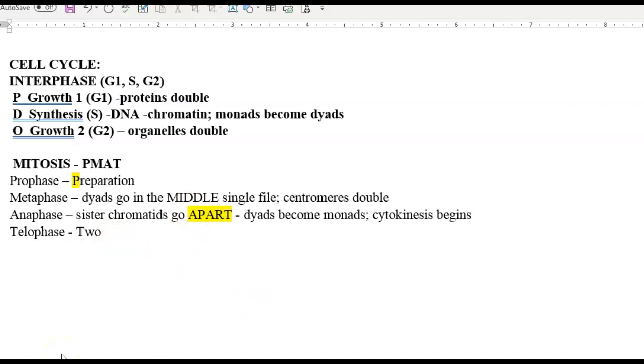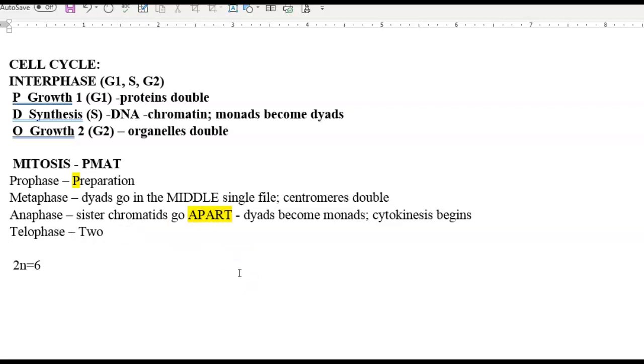Let's say we have a cell where the diploid number is 6.